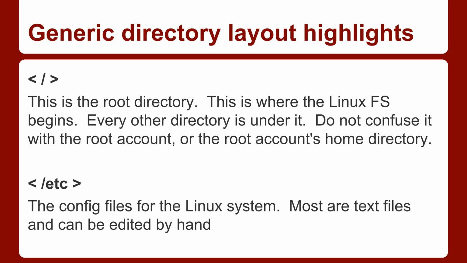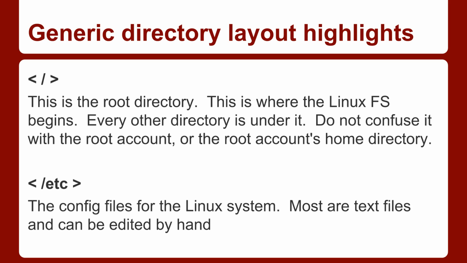So if you tell it to go to slash, this denotes the root directory. And this is where the file system begins. It is the root of the file system. Every other directory is underneath it. And it is not the same as the root account, and it is not the root account's home directory. So /etc usually stores the config files for a Linux system.